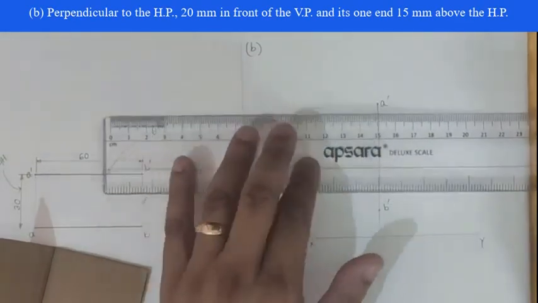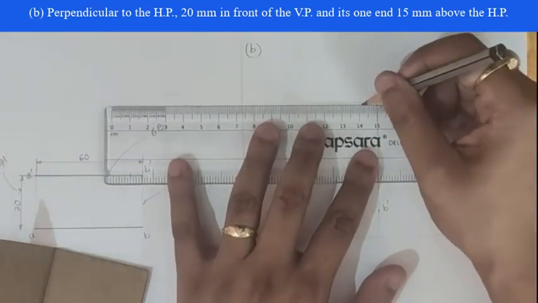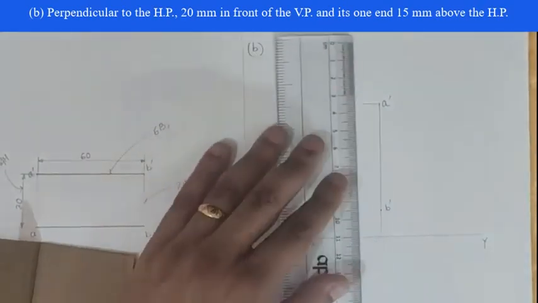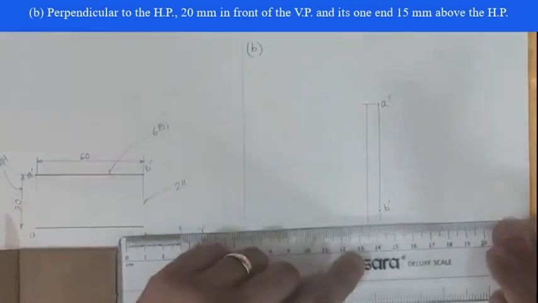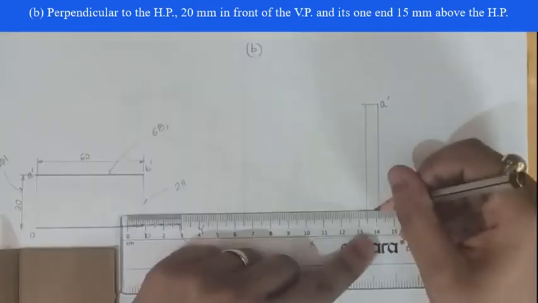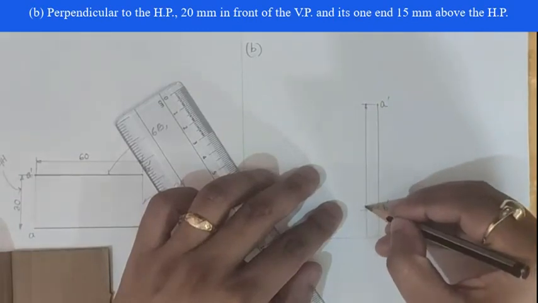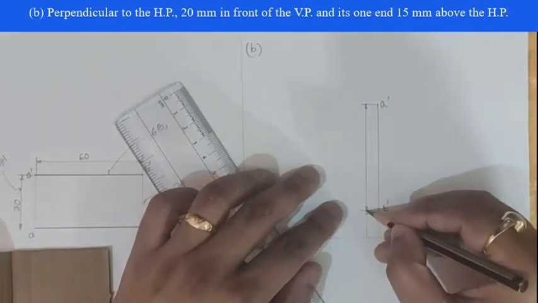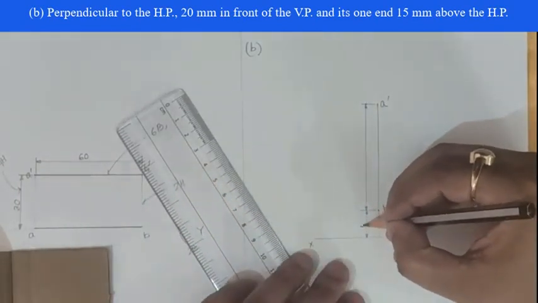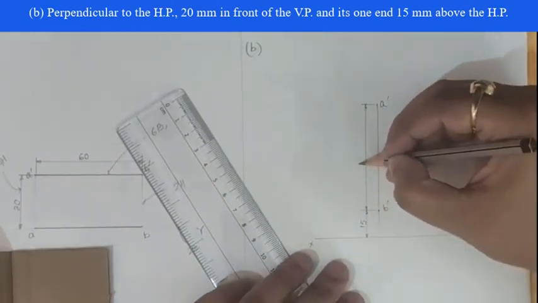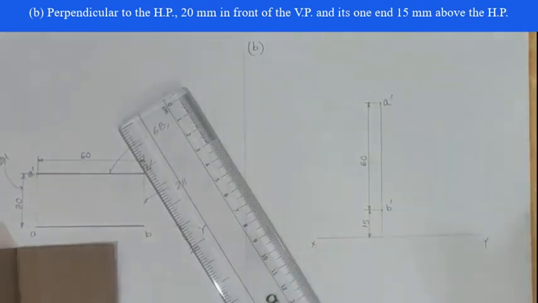Now let us give the dimension of this part. Then here it is given to be 15, and the total length of the line is 60. Now see the top view.